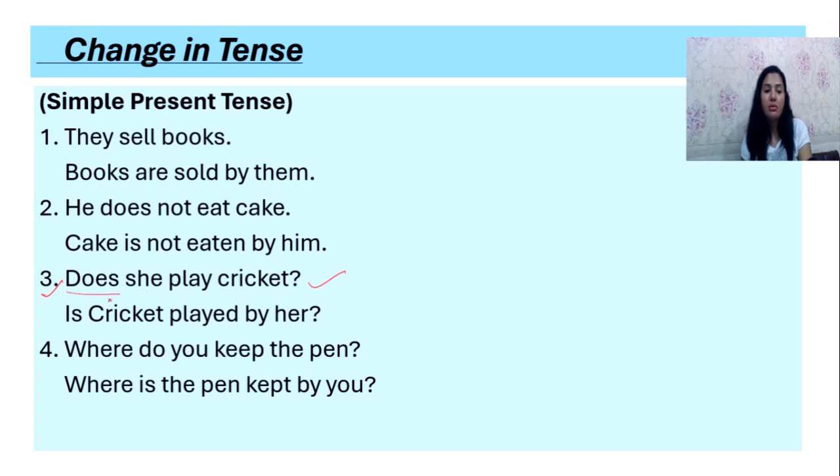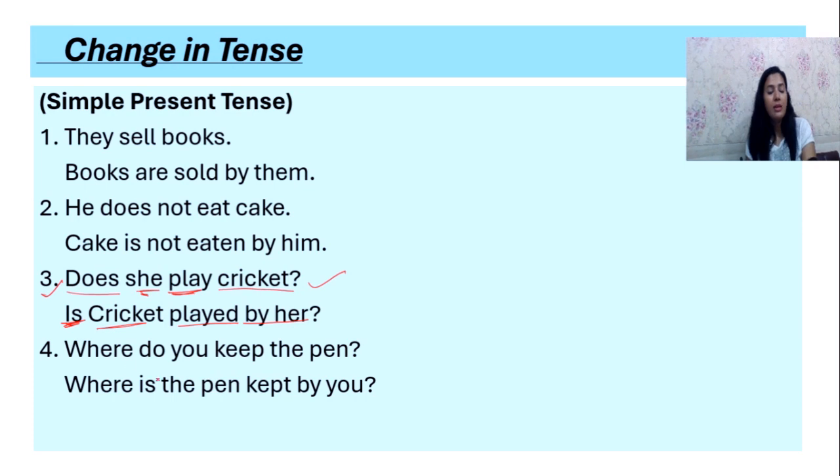So when we replace the object with the subject, what verb will we use here? We use the auxiliary verb is, right? Is cricket, then the past participle of play is played, so we will write here played, then we will write the subject as an object, and so we will write here by her.